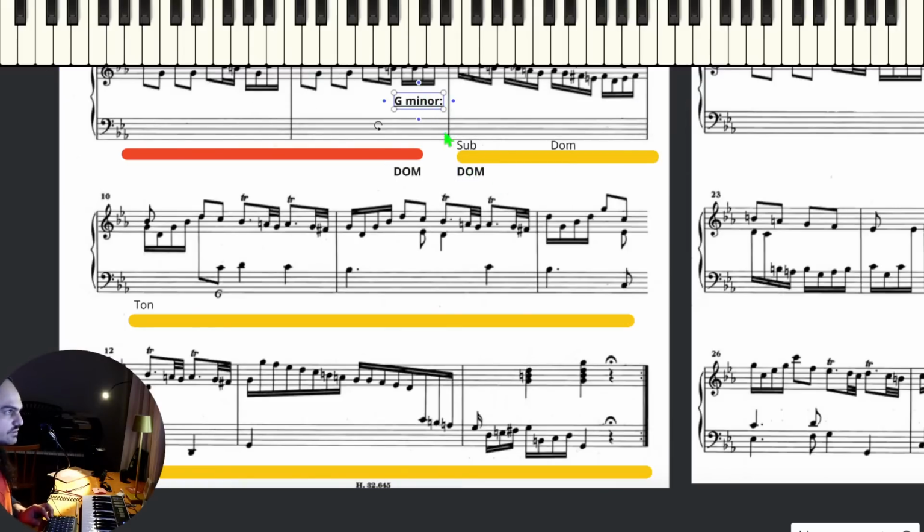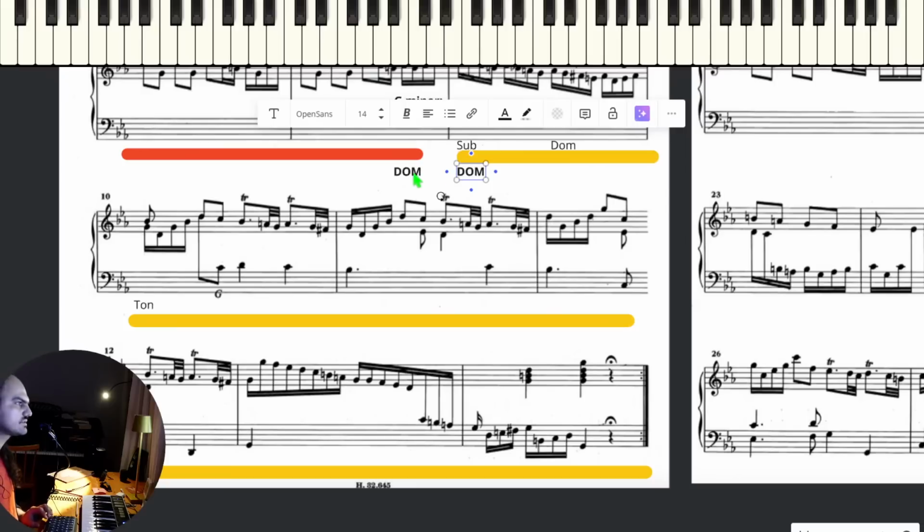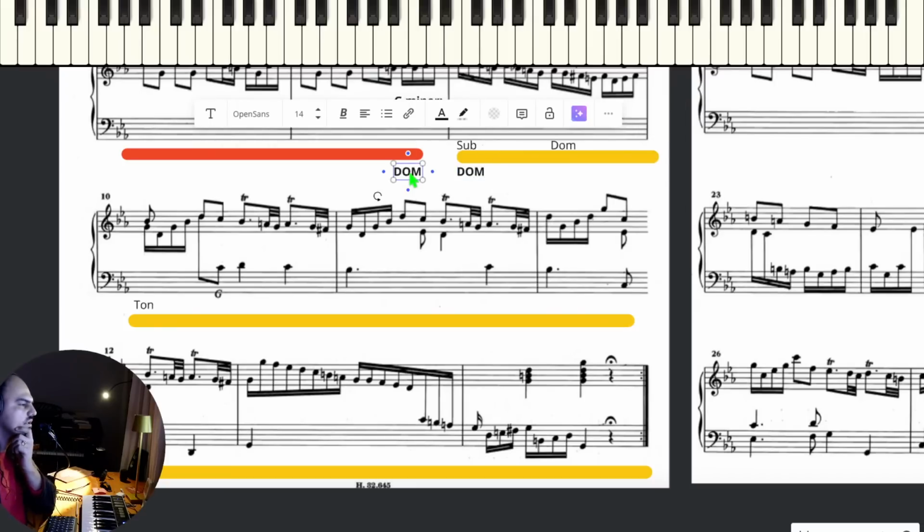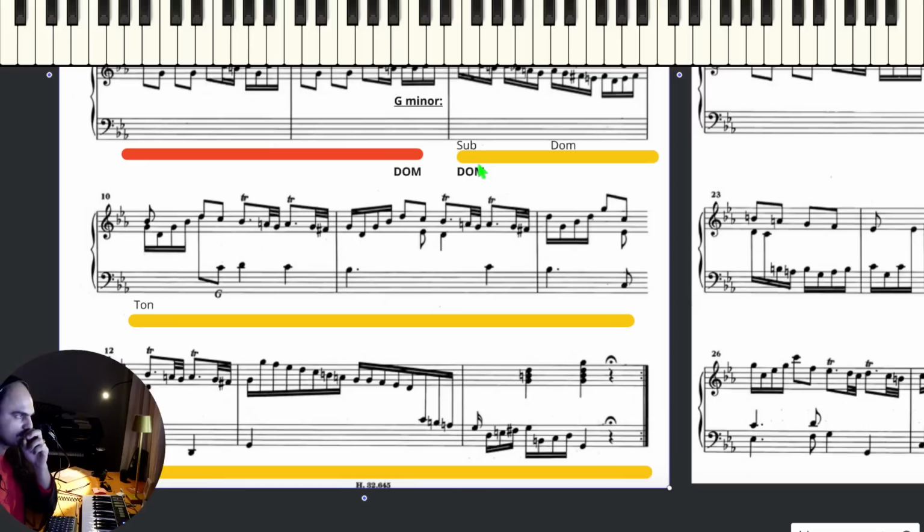Okay, new key, G minor. This dominant is not the same as this here. Dominant, tonic, or relative concepts. So then now let's see when it ends.